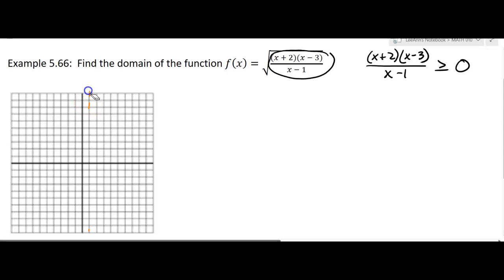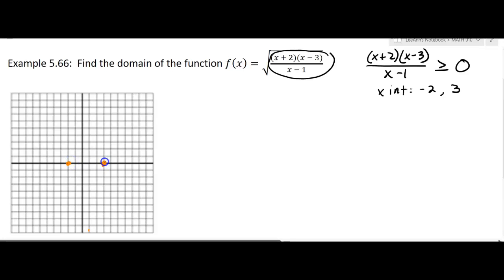Oops, it looks like I have a little marking there. We can think about what that graph looks like because it's a rational function and we've worked with those before. So we know there are going to be x-intercepts at -2 and at 3, so we can draw those in.